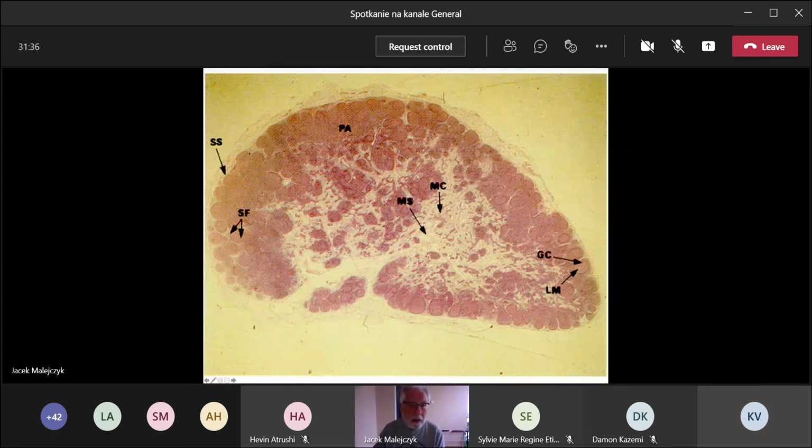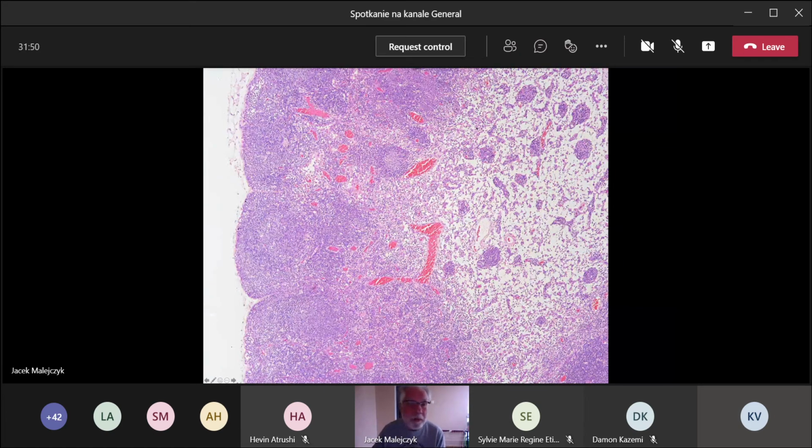So this is a nice picture of a human lymph node. As you see, pretty nicely visible the cortical part and paracortical part beneath. And in the middle here, you see the medullary part.